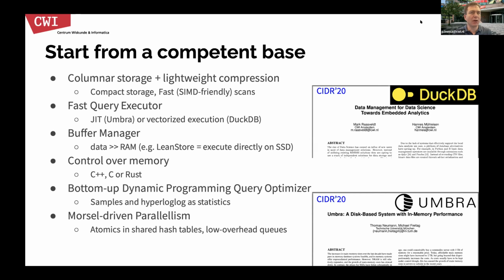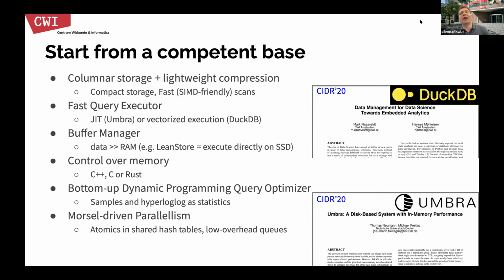Flash has very low latency nowadays, very high bandwidth. And you would do that via a buffer manager. You need a buffer manager, and you also need control over your memory. So that concretely means that you should not write a system in the JVM, because then you lose control over memory. So you implement this system in C++, C, or maybe Rust.